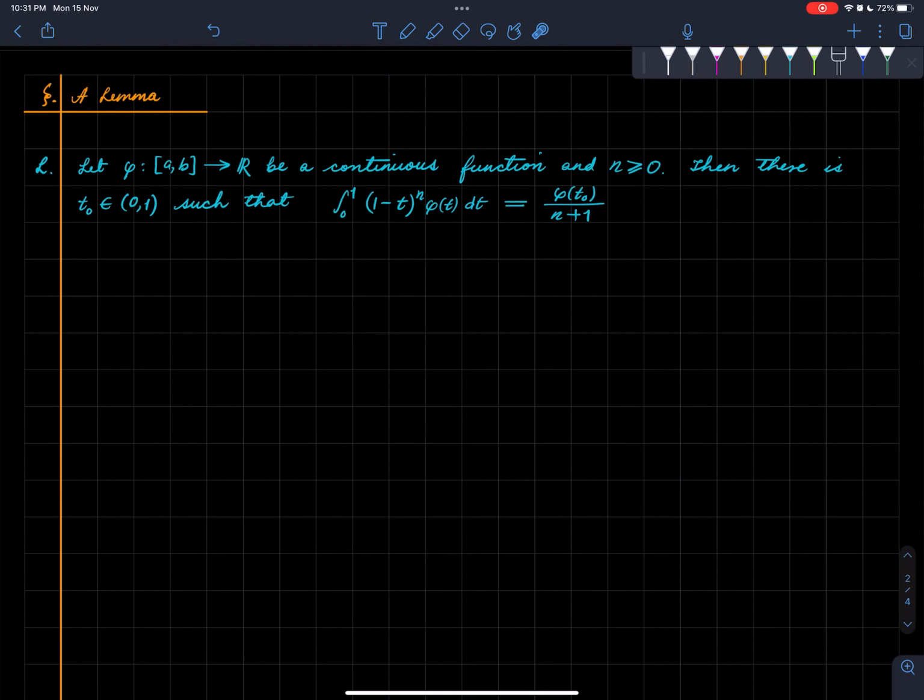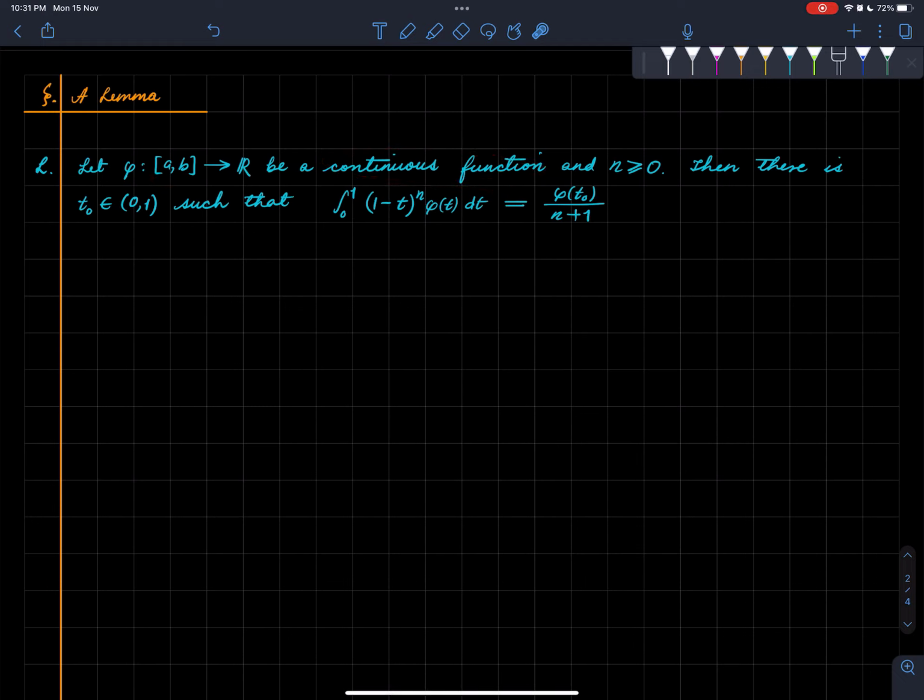Now to get to the Lagrange form of Taylor's theorem, we first need a lemma, which will make no sense, because it is designed to get to the Lagrange form, which we haven't even stated. However, it is a very simple lemma, so let's dive in. We have a continuous function phi defined on a closed interval [a, b], and n is some non-negative integer.